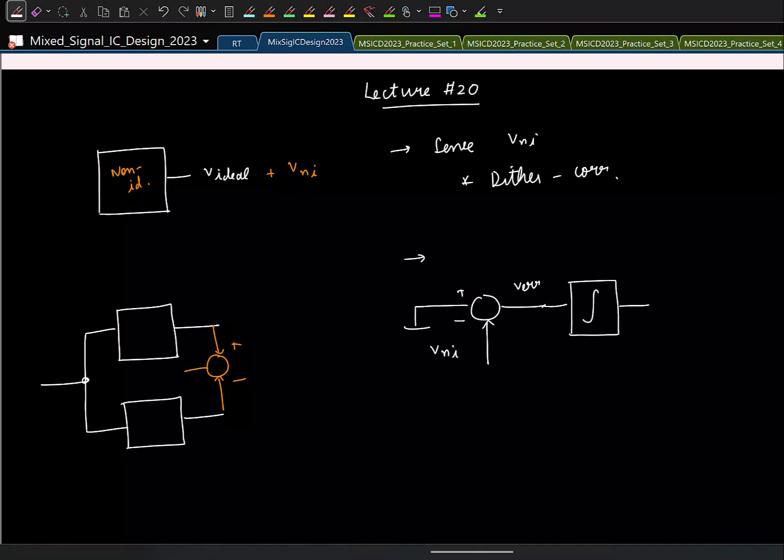And then based on the integrator's output, you do some corrective action in the circuit. That is, you change some appropriate parameter in the circuit so that this reduces.